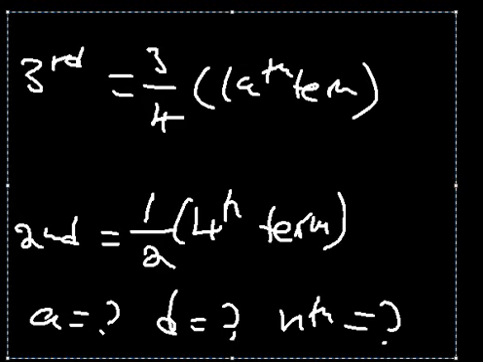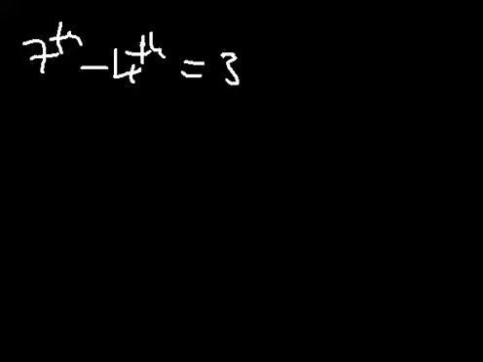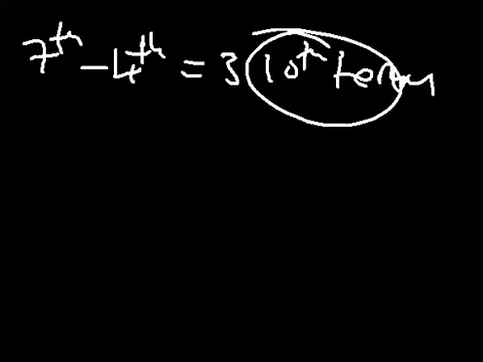And also, what if you have this case? Let's say the difference between the 7th term and the 4th term is equal to 3 times the 10th term. Sorry for my poor handwriting, but I understand you get it right.